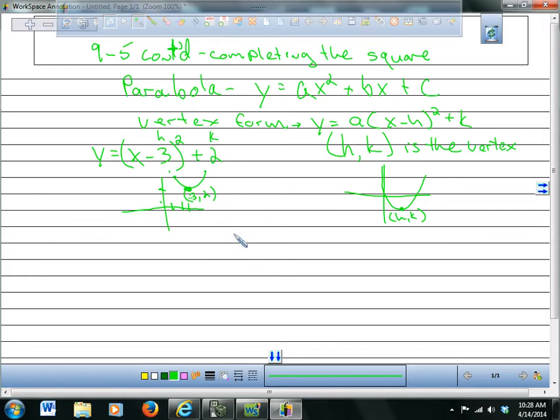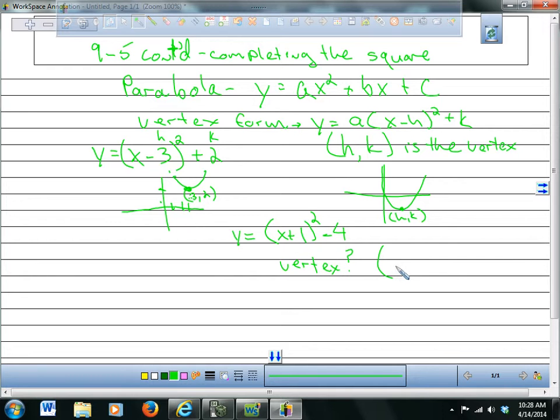What if I had this? y equals (x plus 1) squared minus 4. Where would be the vertex of this parabola? Look at the formula, it's minus h. So if this is plus, what did h have to be? Minus 1. Very good.